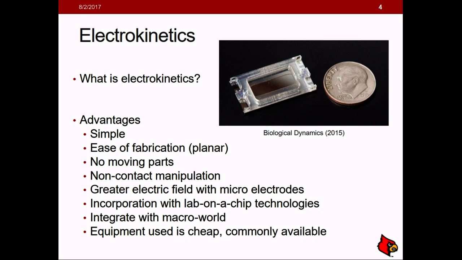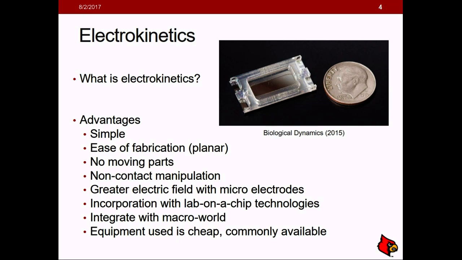Now, the units of an electric field are volts per meter. And as you decrease that length scale, say for a standard voltage, a volt or 10 volts, as you decrease that length scale into the micrometer regime, you can easily obtain electric fields on the order of 1,000,000 volts per meter.